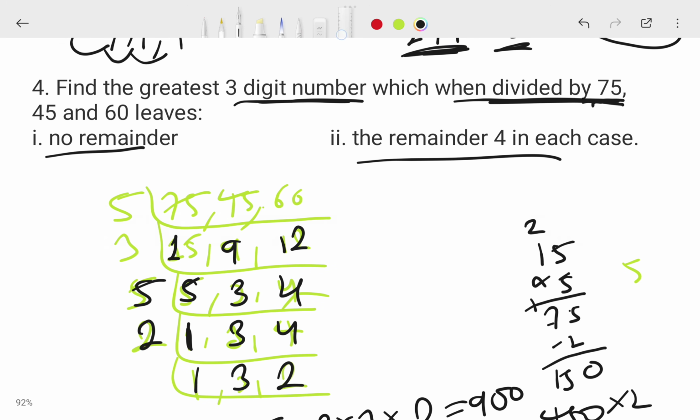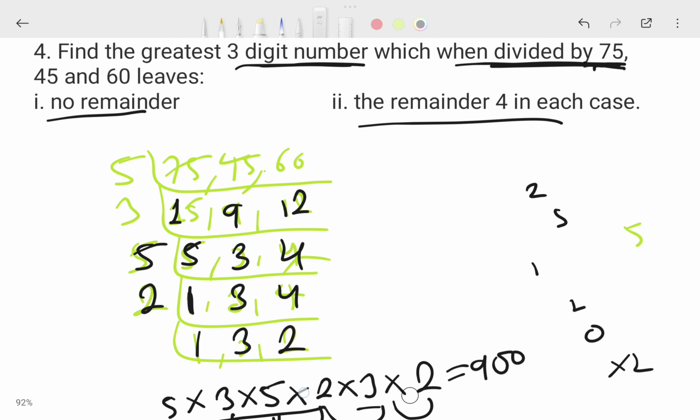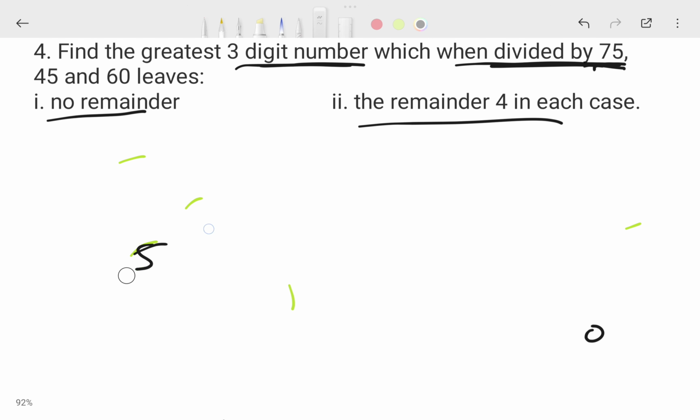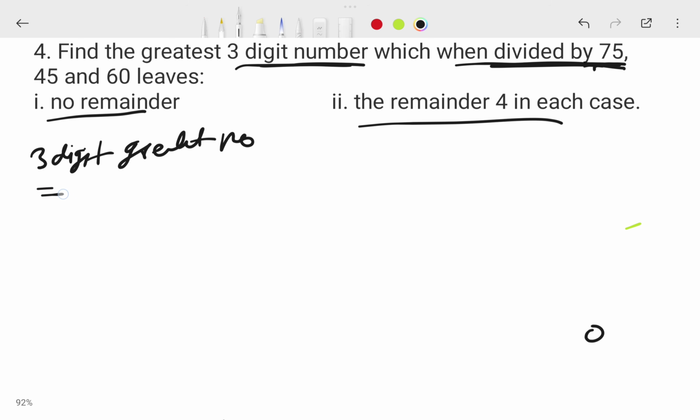Now I erase this one. You just have to take the 900. The LCM of this one is 900. So let's write the first question: greatest 3-digit number divisible by 900. Write the greatest 3-digit number, that is 900.